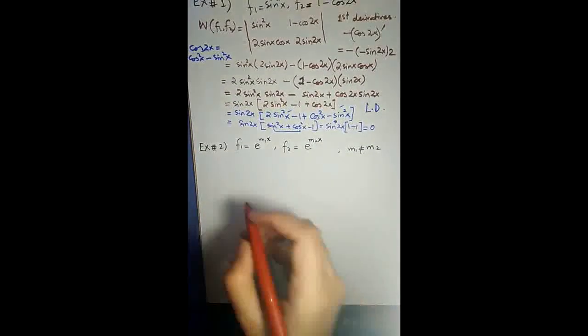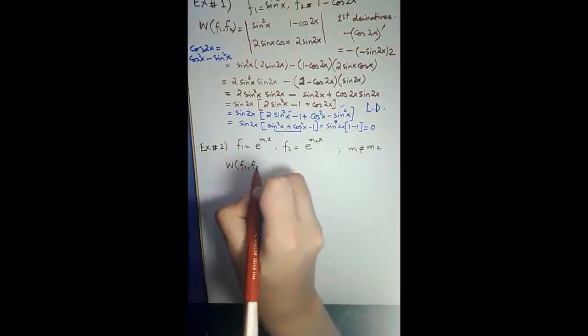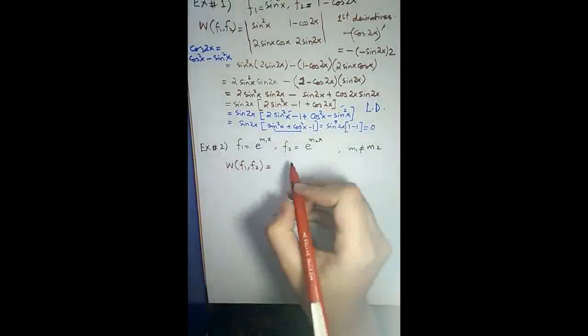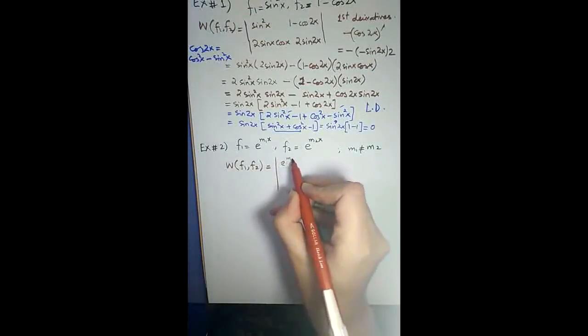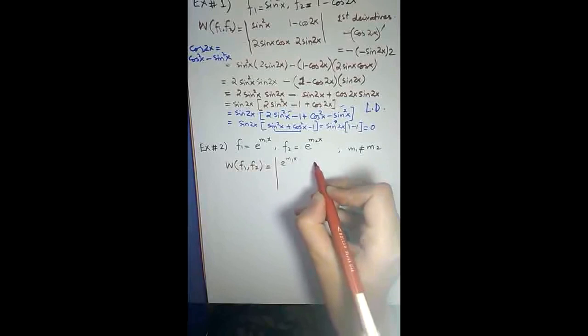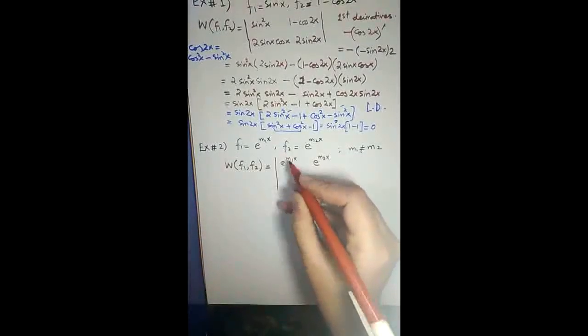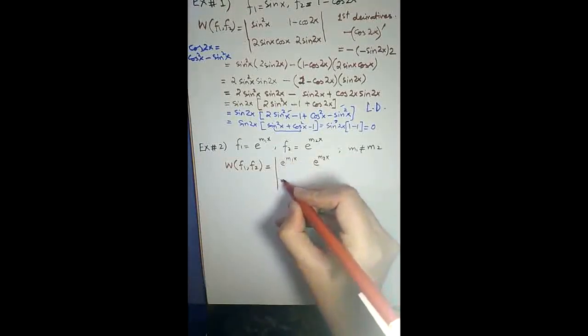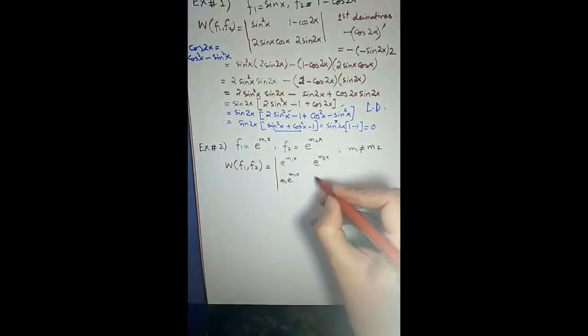So Wronskian of f1, f2 is equal to first function e to the power m1x, second function e to the power m2x, and this condition is also given that m1 is not equal to m2. So the first derivative of this is the power times that.